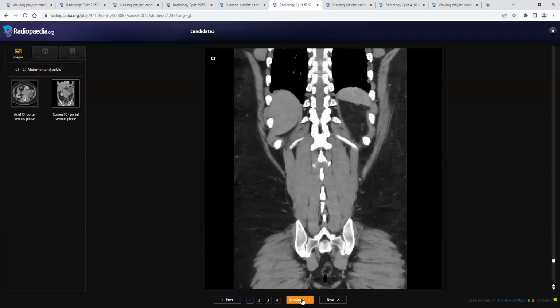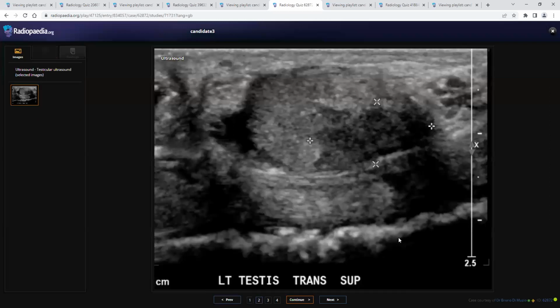I would like to do the ultrasound of the testes. Okay. This is the ultrasound scan of the left testis, and I can see an ill-defined mixed echogenic lesion in the left testis.